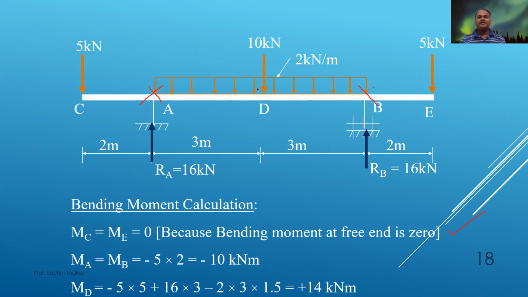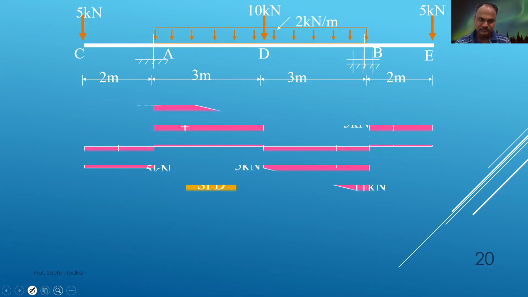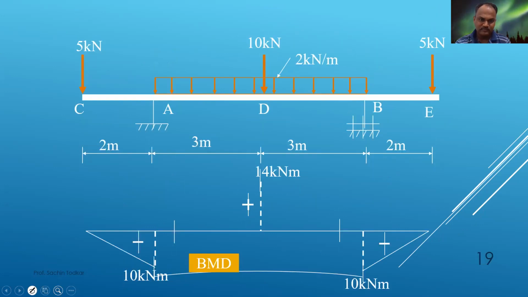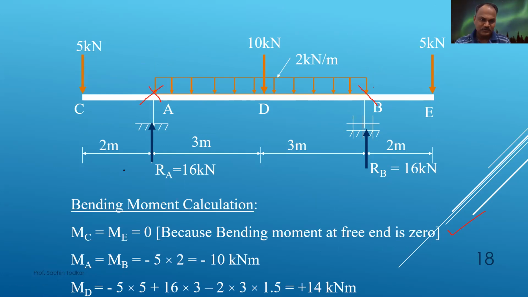So moment at A and moment at B, you will get to know it is 5 into 2. Why is it minus? I have just explained, because it is a hogging bending moment. 5 into 2, it is hogging, so it is minus 10 kilonewton meter. For B also the same, 5 into 2, and it is hogging, so it is negative.